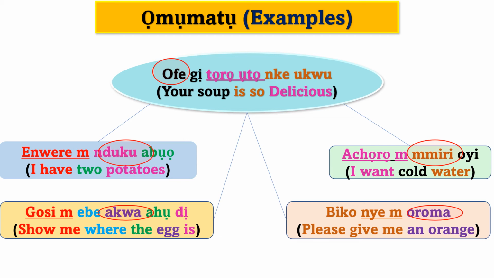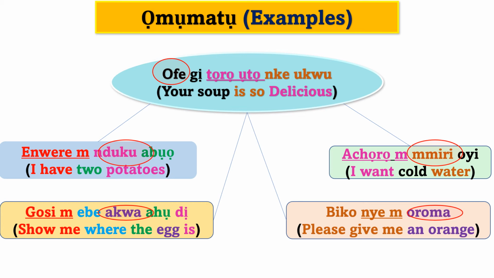But it won't make sense that way, it would be incorrect in Igbo. So it's usually enwere m, that I have, then you put the item nduku before you put the number abụọ, not the number before the item as it's done in English.